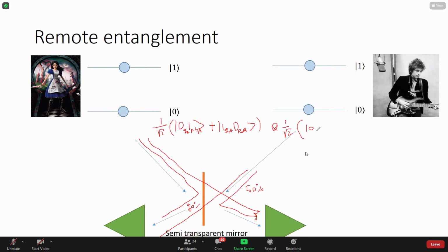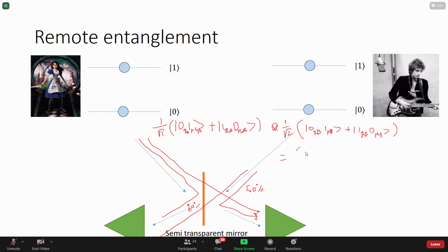So that would be 0 Q Bob, 1 photon Bob, plus 1 Q Bob, 0 photon Bob.